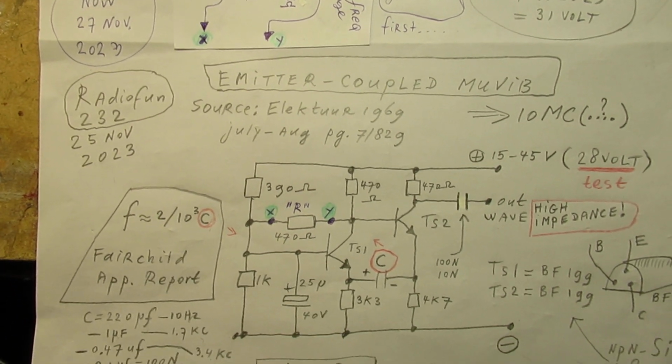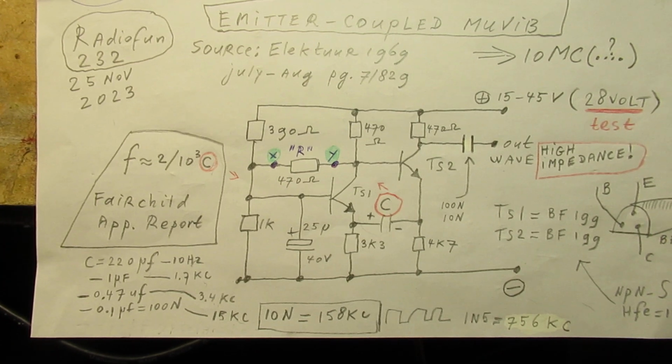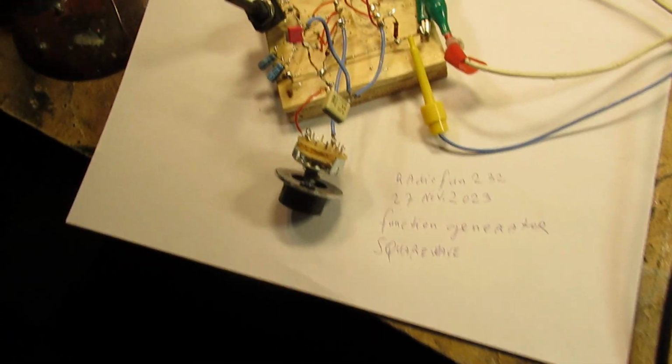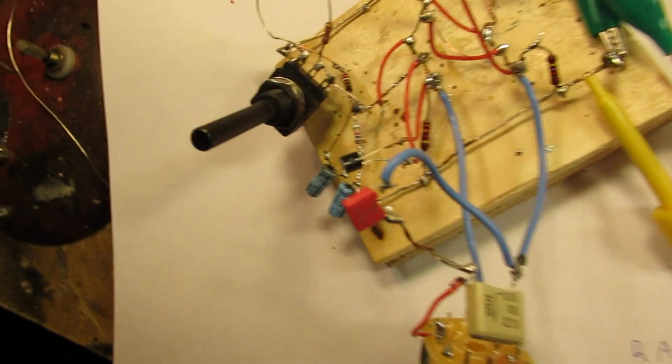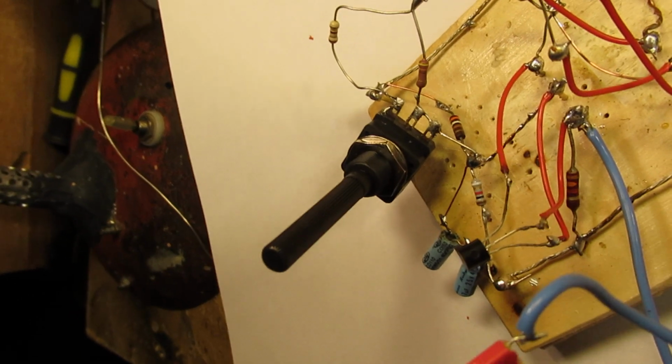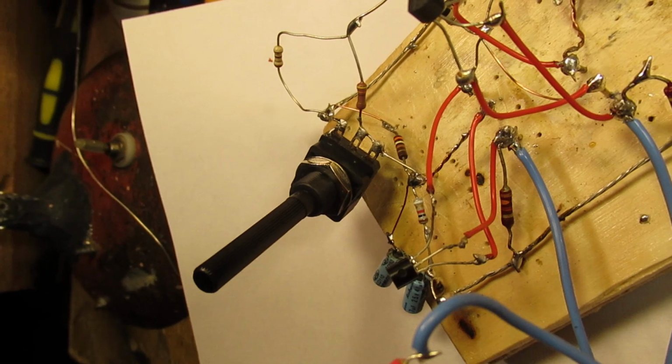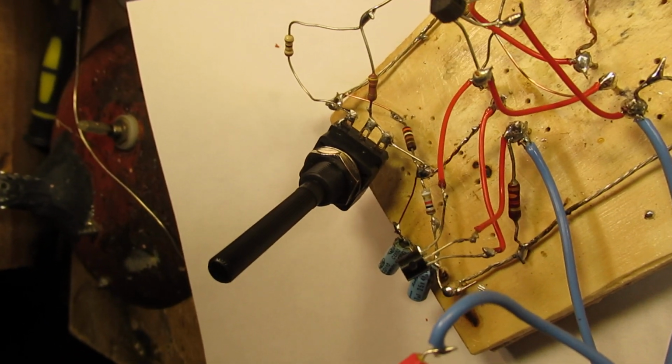Only two tiny adaptations were made. I wanted to make the frequency variable, so I needed a potentiometer here. That's the most important thing in this video.